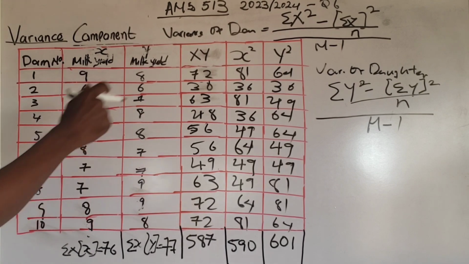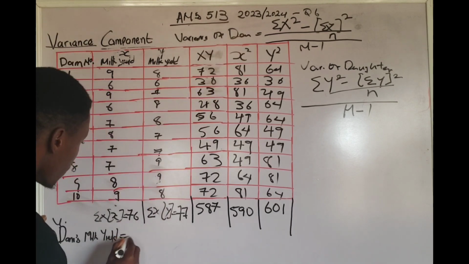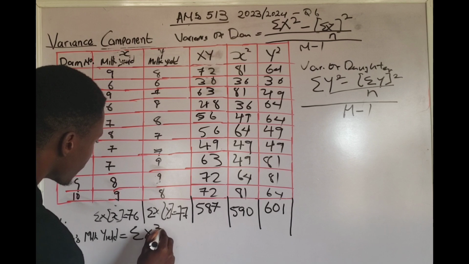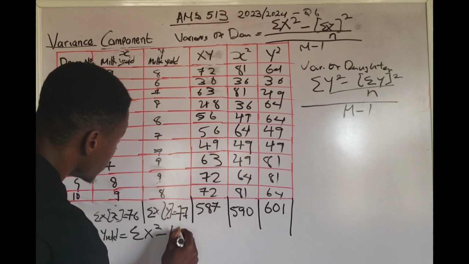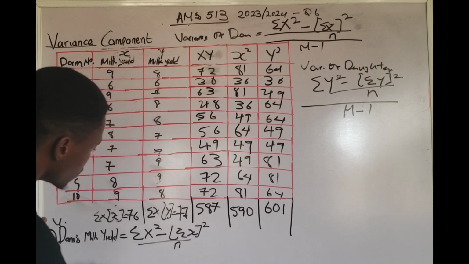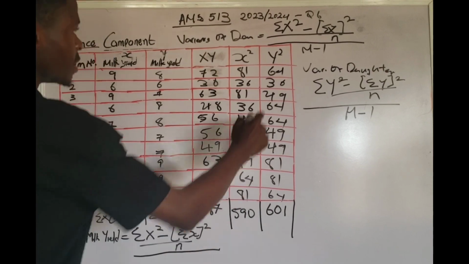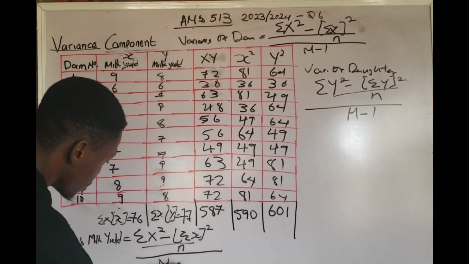Okay, sir. So the formula here, number one. Dam milk yield. So the variance is summation X squared minus bracket summation X squared all over n, all over n minus 1.